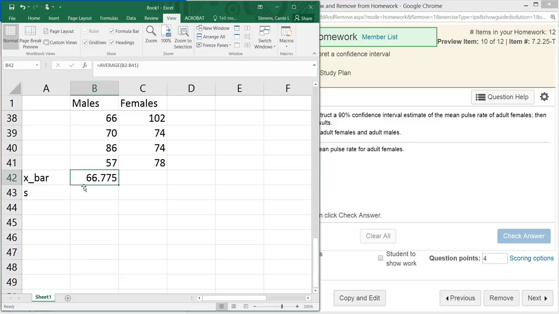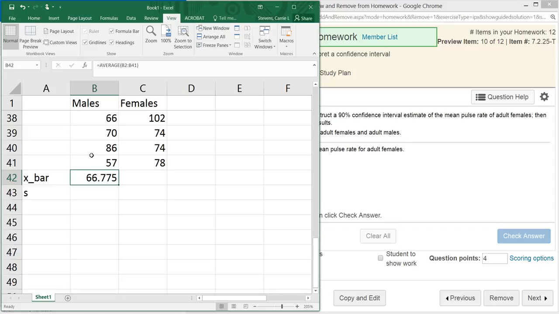So now I have my average pulse rate calculated here, and remember the round-off rule for measures of center and measures of variation, which are things like the mean and the standard deviation. The round-off rule we learned in chapter 3 was one place more than is present in the original data values.